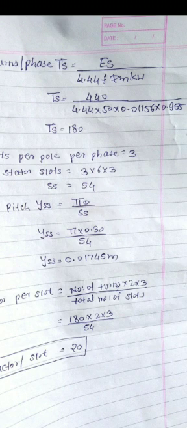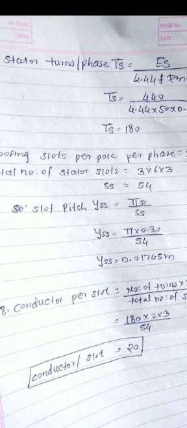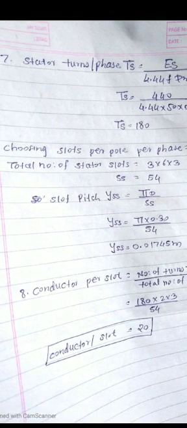Choosing slots per pole per phase equal to 3, the total number of stator slots is 3 into 6 into 3, which becomes 54.